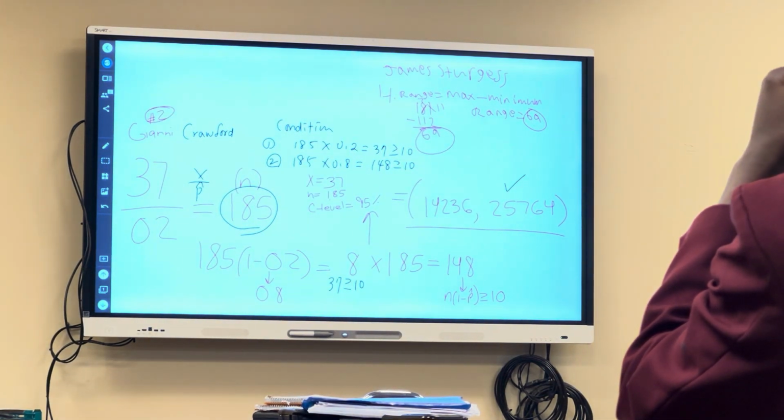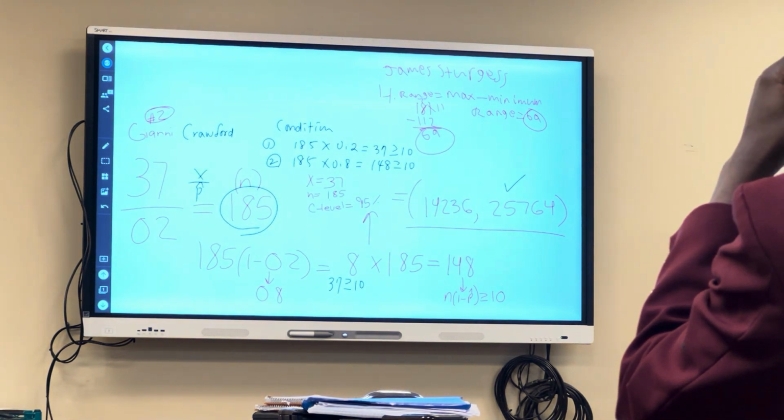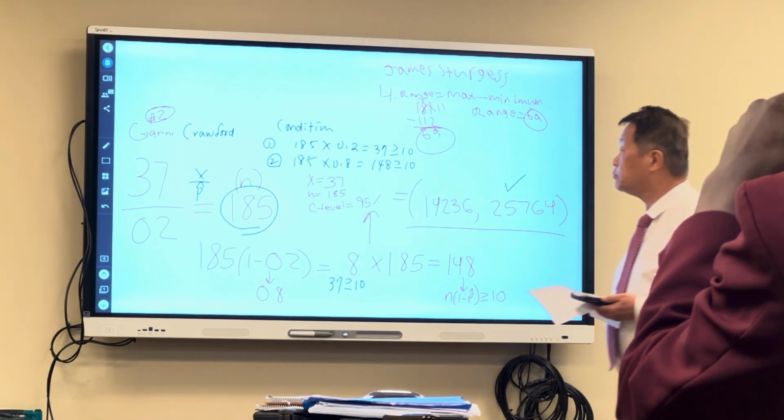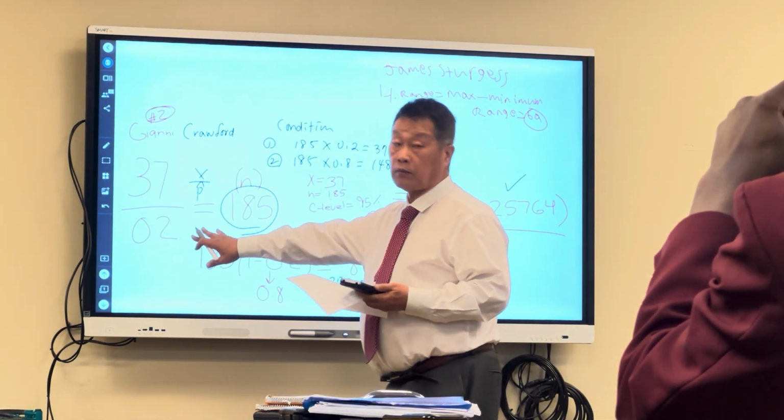For the 1 minus P hat, how do you find it on the calculator? Because P hat is 0.2, that's a given number, right? Yeah.